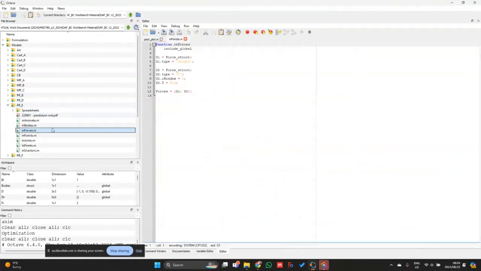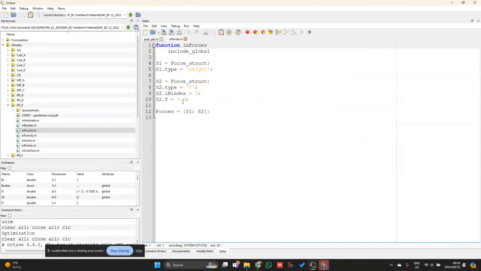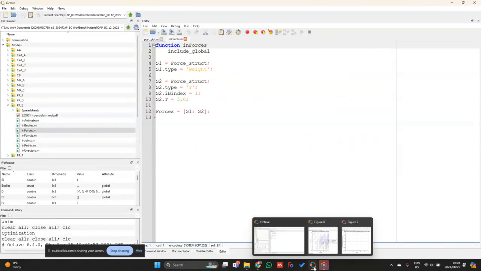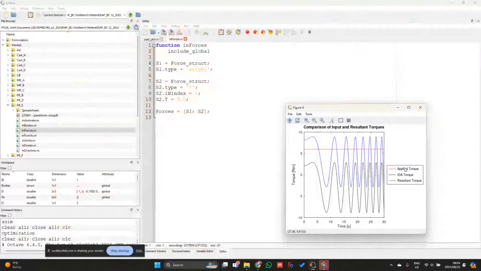So let me just check under forces. Yeah, so this is now an example of when I specified the torque as 3 Newton meters instead of the 6 Newton meters. So you'll remember from the graph that we have over here, the IDA torque varies between, I believe it was, yeah, it's 6 and minus 6 if you look at the correct torque that we use.